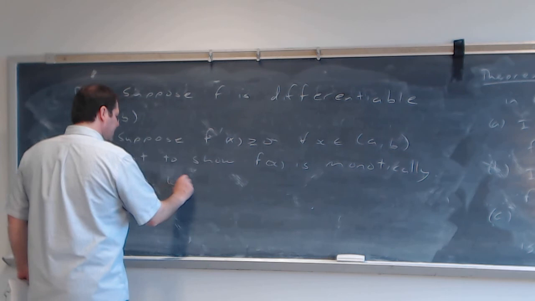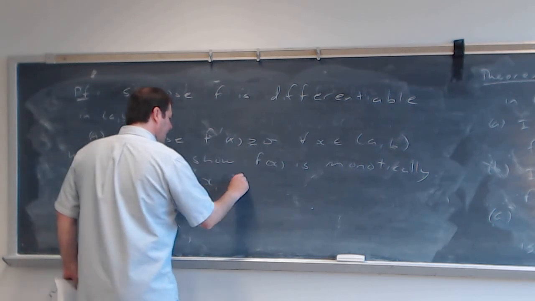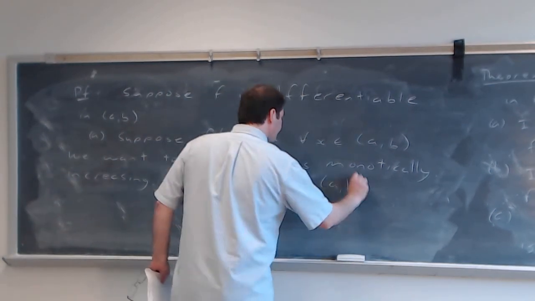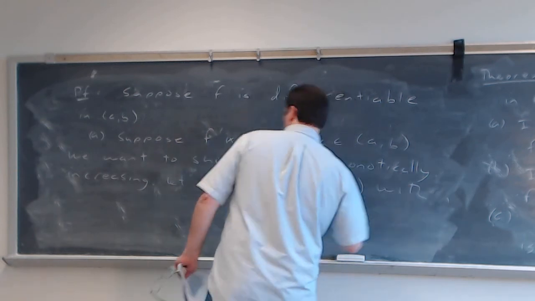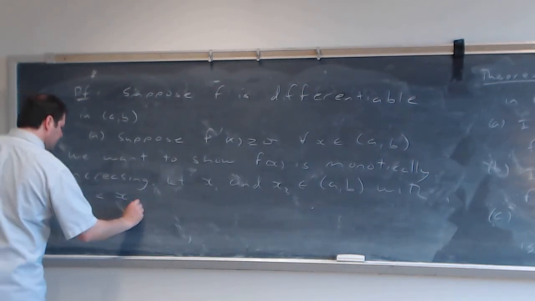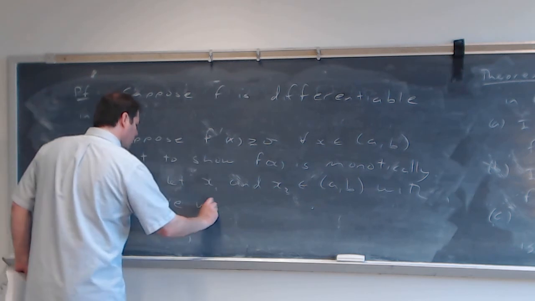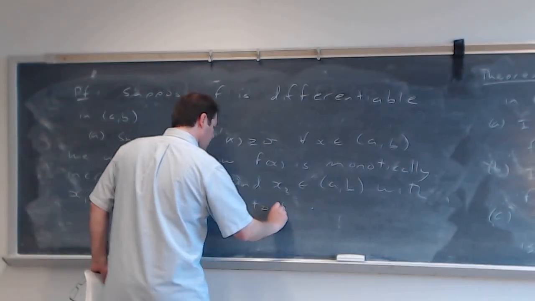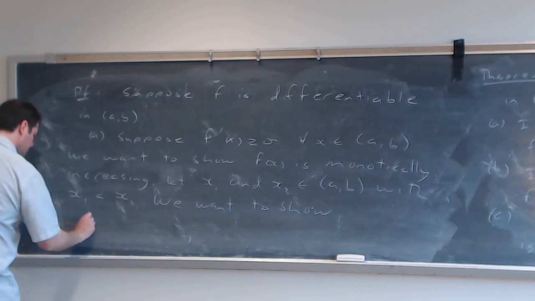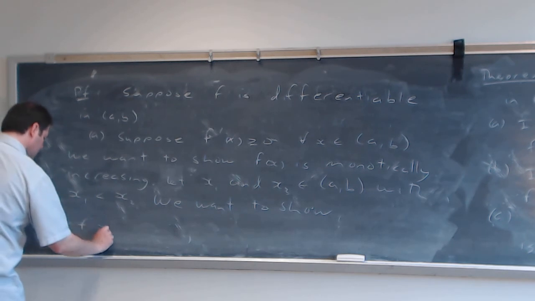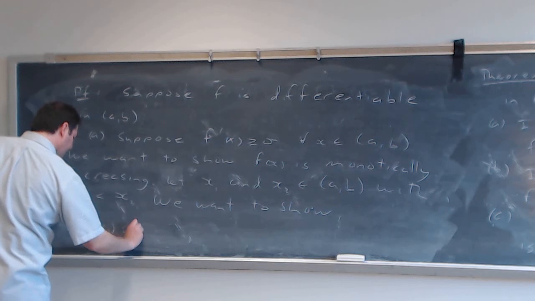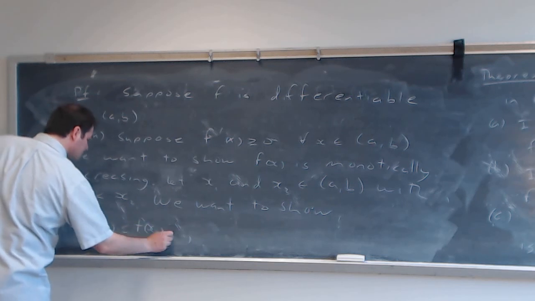So let's let x of 1 and x of 2 be elements of A to B, with x of 1 being less than x of 2. We want to show that f of x of 1 is less than or equal to f of x of 2.